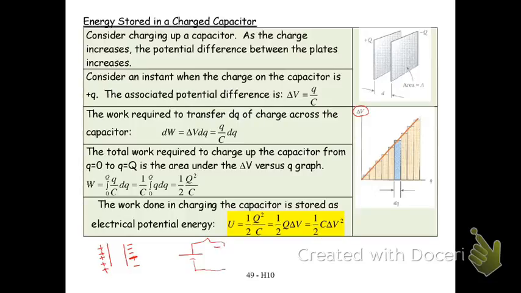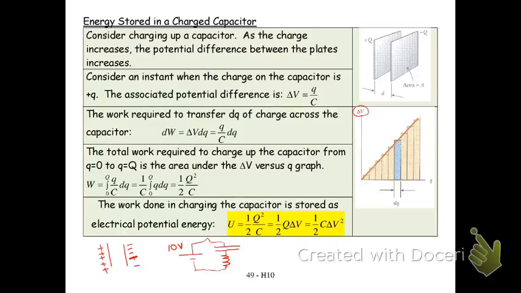Although this might be, say, 10 volts, as soon as I close the switch, there's 10 volts between the top plate of the capacitor and the very bottom of the resistor. That's where my 10 volts is applied. But it's not all across the capacitor, it's not all across the resistor, and it doesn't stay wherever it is. There's a change in time.